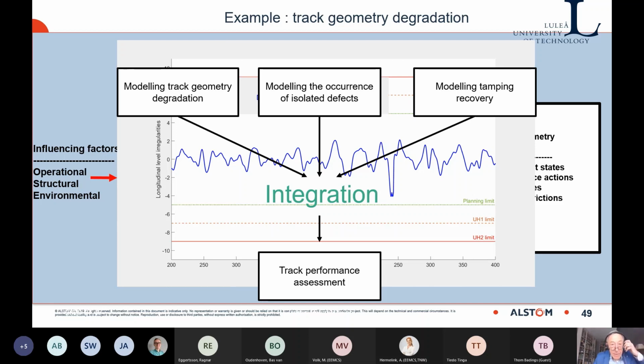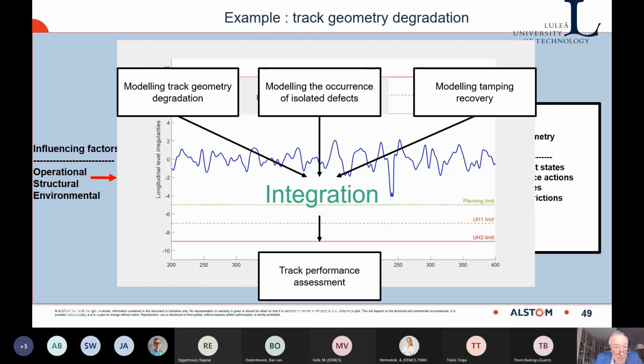Because if the track geometry is too far from the normal, then we have to renovate the track actually. So this can be used in order to optimize the maintenance. Model the track geometry degradation. The occurrence of isolated defects is still something else, but modeling the tamping recovery and then deciding on the best maintenance policy.